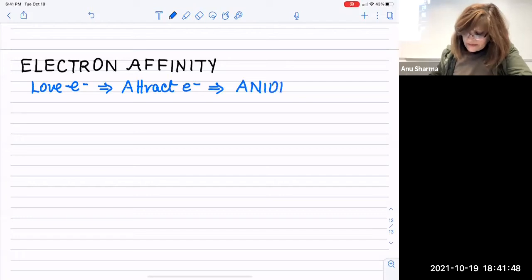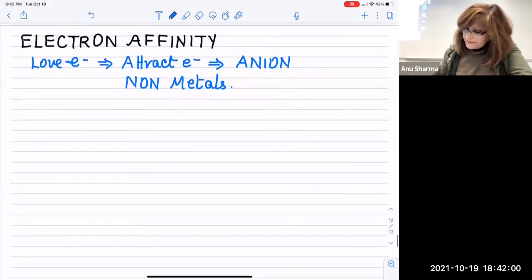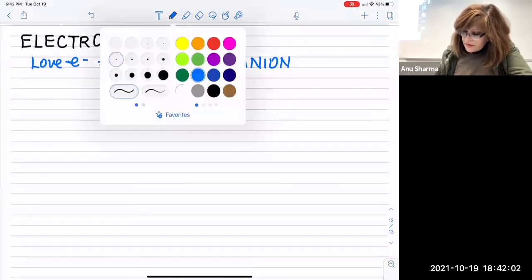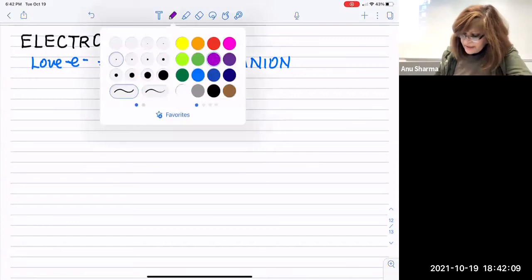And who are these guys? The vast majority of them are non-metals. All right, so this is the general trend again.